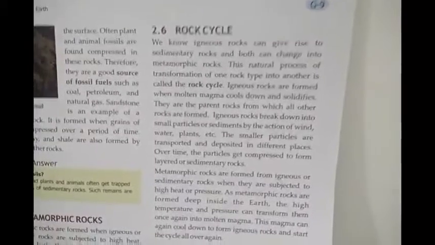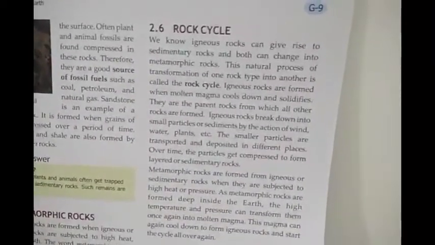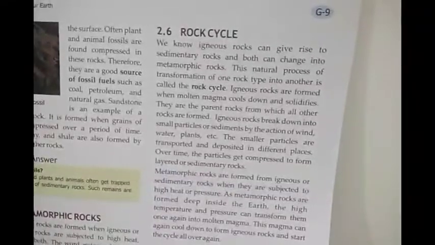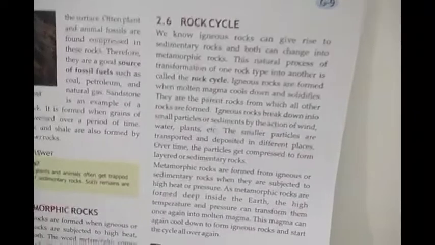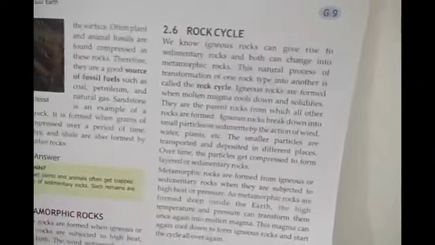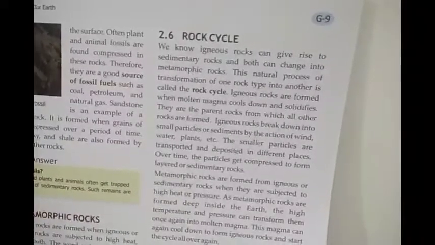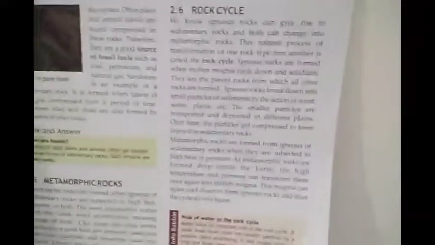Take for example, magma cools down, solidifies and becomes igneous rock. Again, this igneous rock breaks down and is transported in the form of sediments. When these sediments are subjected to heat and pressure, metamorphic rocks are formed. These metamorphic rocks are formed deep inside the earth.